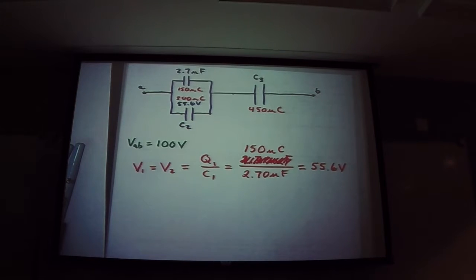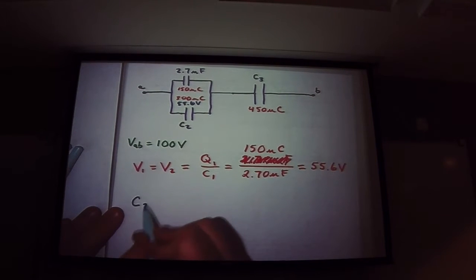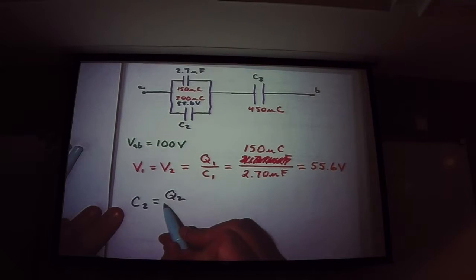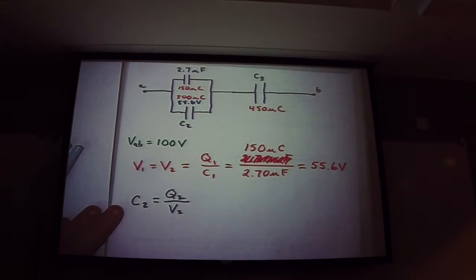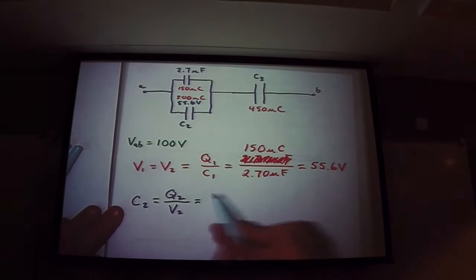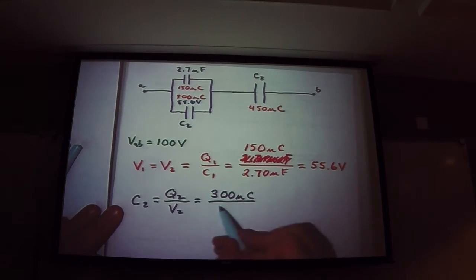And so then we can figure out what C2 is, because I have the charge and I have the voltage. So C2 is equal to Q2 divided by V2. Okay. Q2 is 300 microcoulombs. V2 is 55.6 volts.